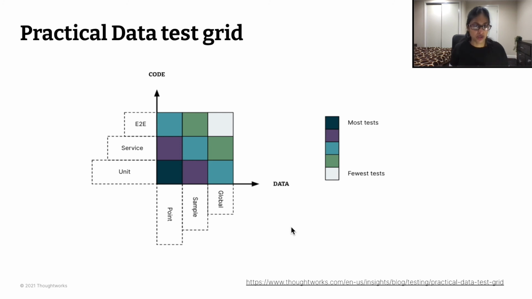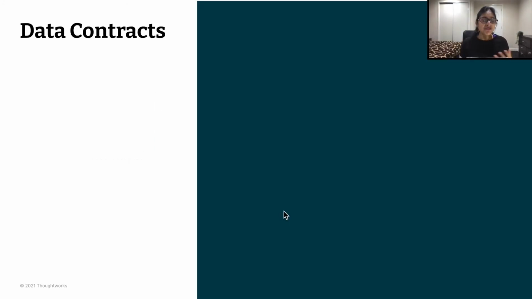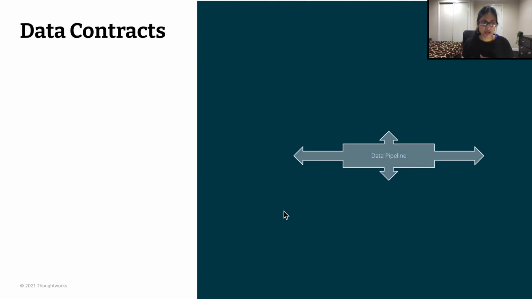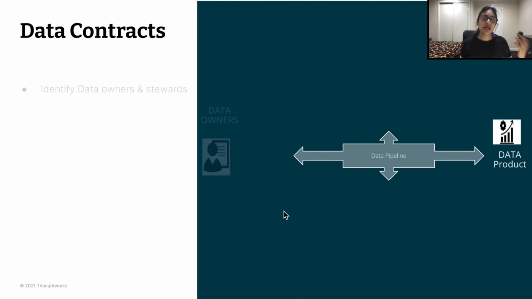Apart from this testing, it's important to invest in and understand data contracts as well. In the data pipeline, we produce data products. But if we think about the left side of it, we have a certain source, and if there's a source, there are data owners.